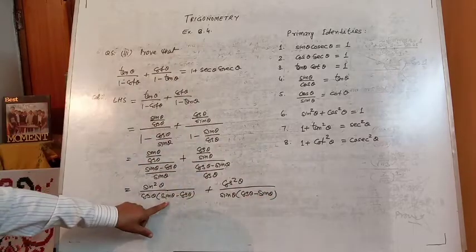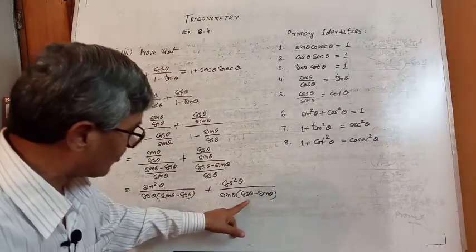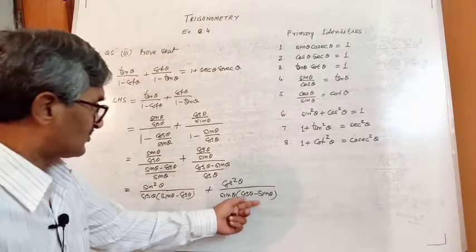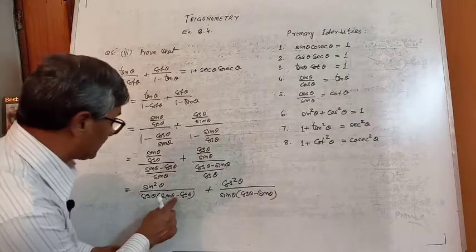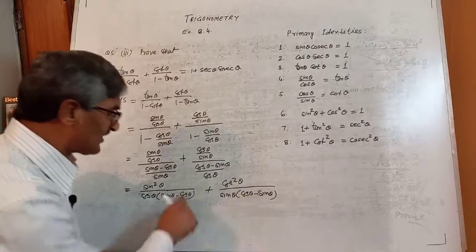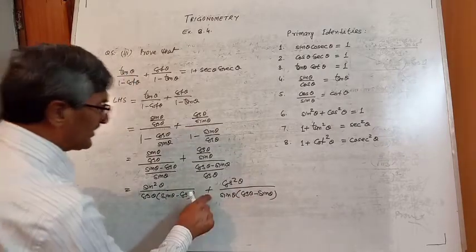Here you see sin theta minus cos theta and here cos theta minus sin theta. So in this bracket and this bracket only the negative sign is different. So take the sign common and take it outside.